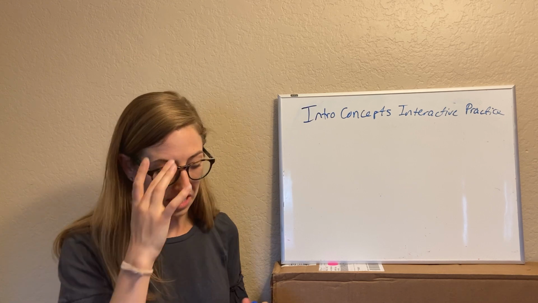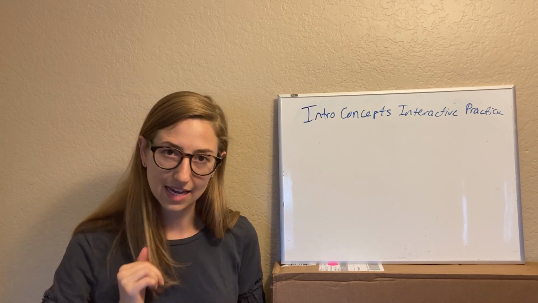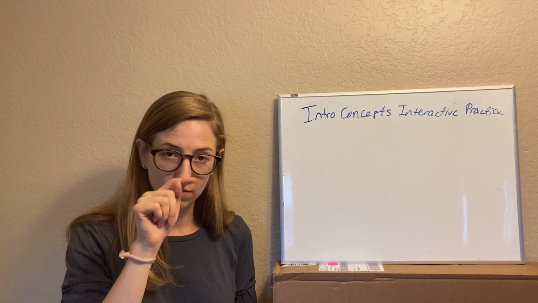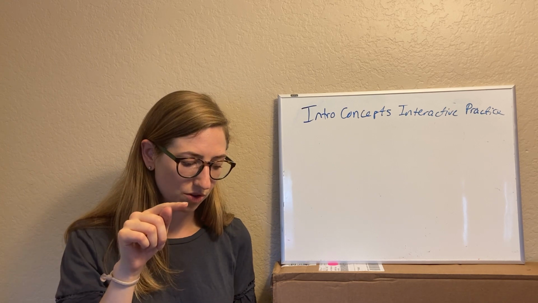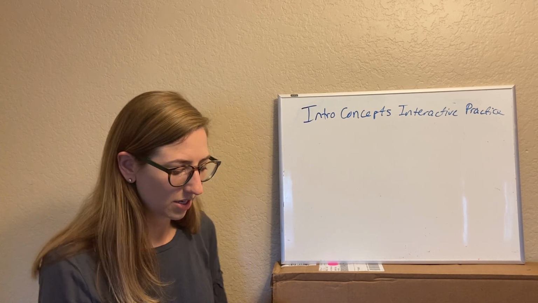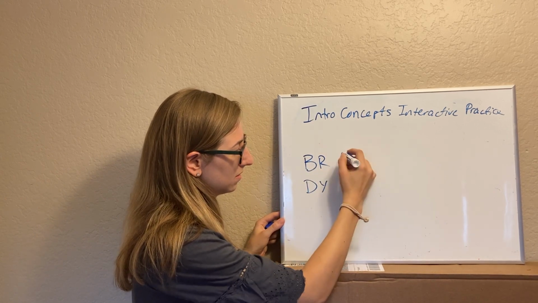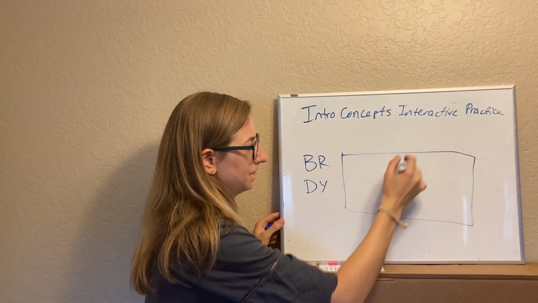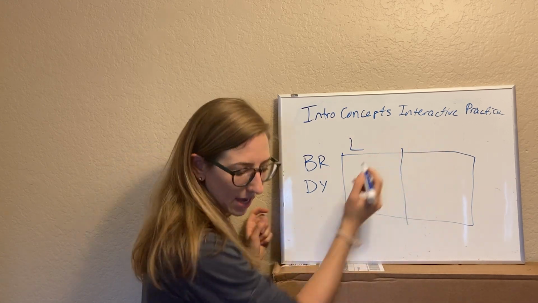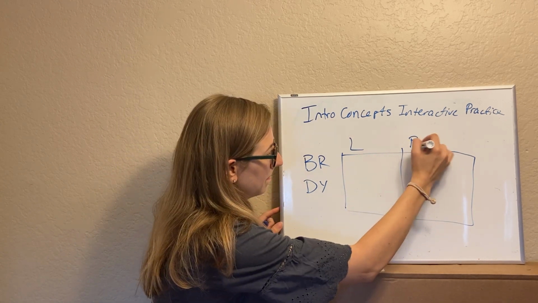We see that when we look at the opportunity cost ratios for the 2 goods, for BlackRock and DeYoung's. We have lattes and boba.